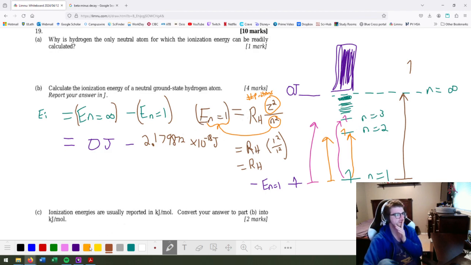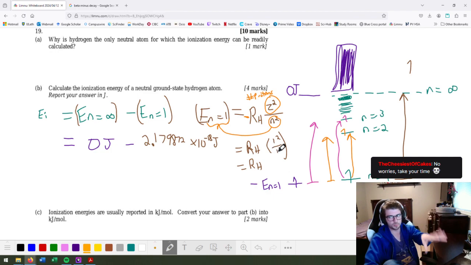Okay, so this is supposed to be a negative number. I have seen your question, cheesiest of cakes, I will get there momentarily, I do promise. So this is negative RH times Z squared over n squared. Z squared is the number of protons, 1 squared is the identity of the energy level.